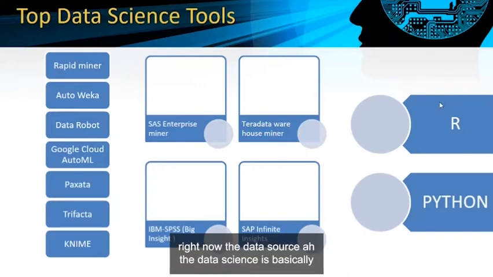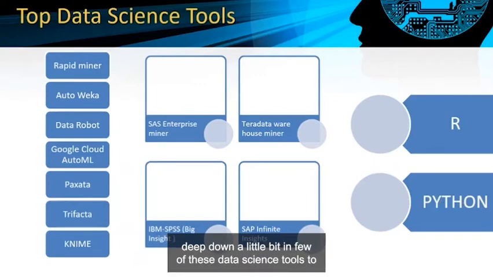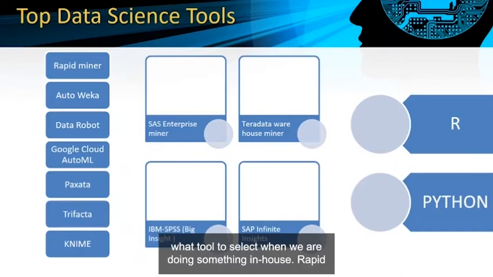Open source right now, the data science is basically dependent on R and Python, which is my hot favorite. So we will deep dive a little bit in a few of these data science tools to see their usability and to bring a little bit of clarity into what tool to select when we are doing something in-house.